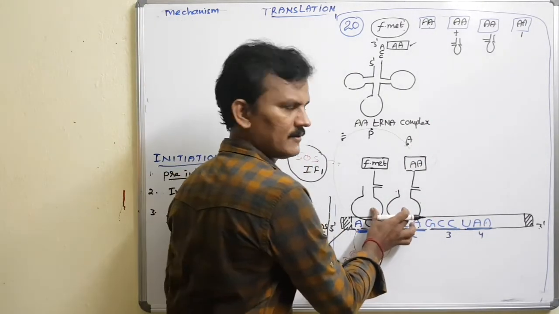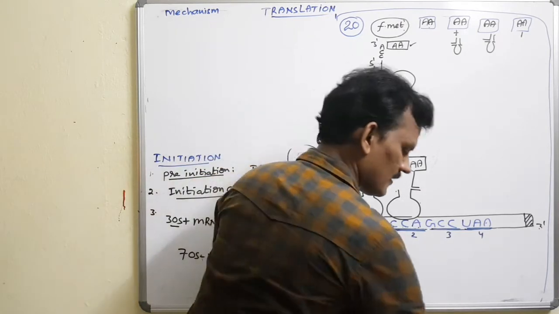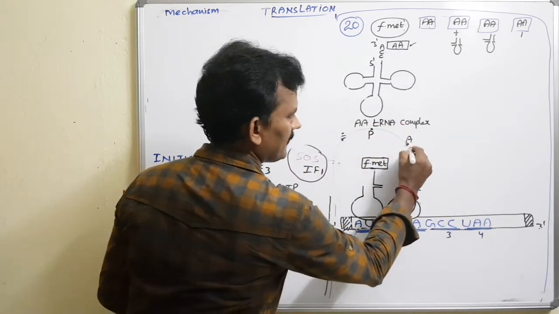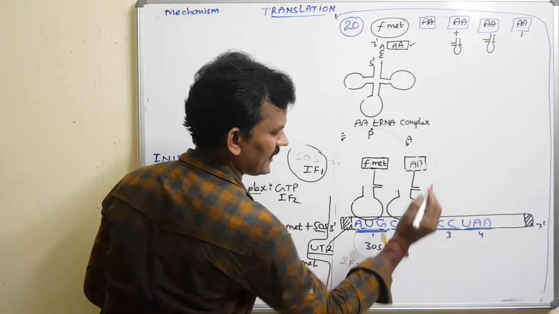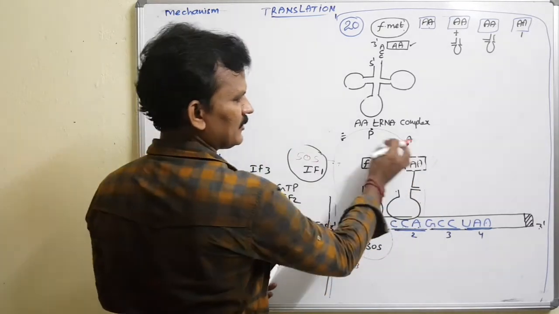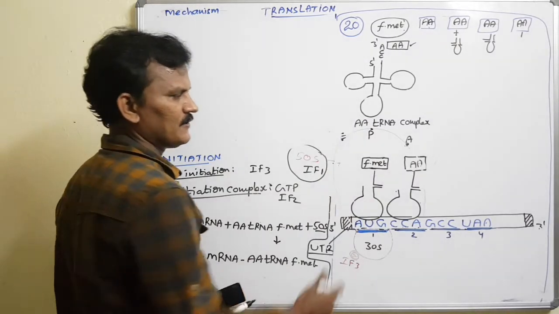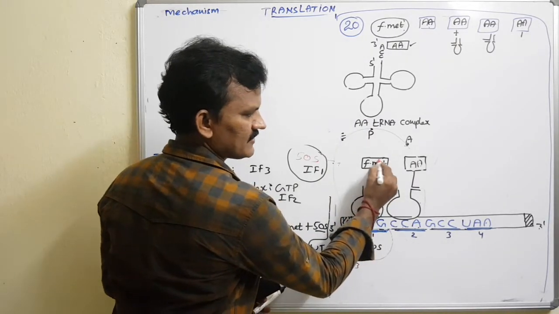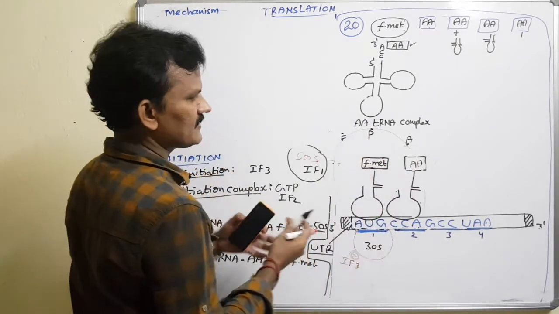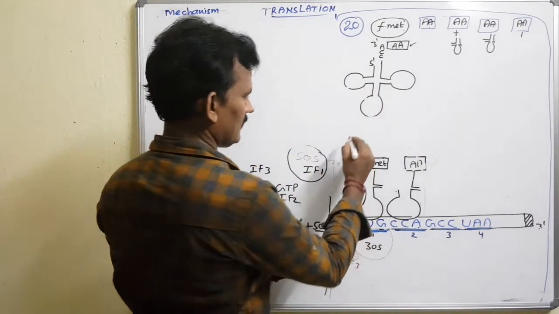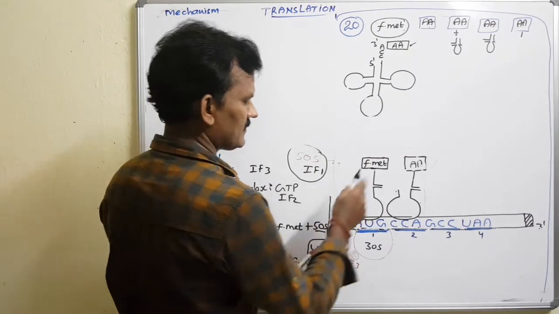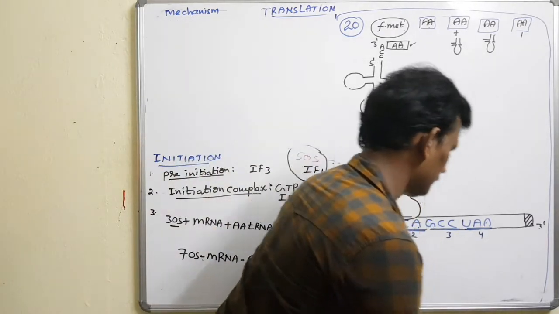Now both sites are filled and the ribosome is completely occupied. There is no chance of one more tRNA coming. Now A site, P site, E site. This is the amino acid structure.